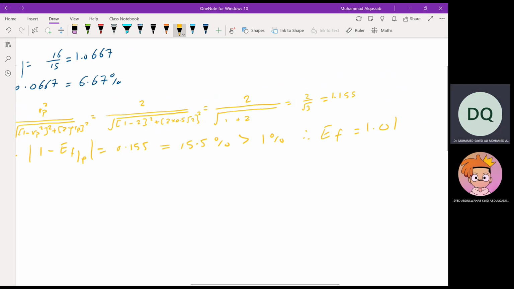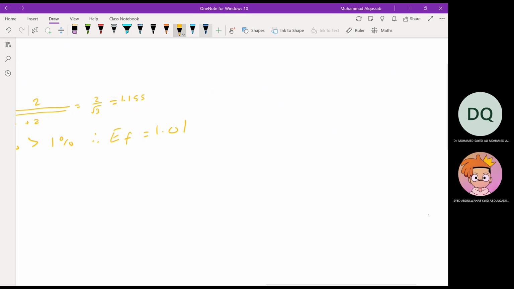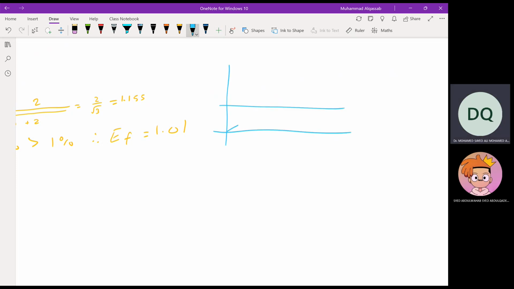Okay, so because of this, we will use the error factor equal to 1.01, because the graph is going to be something like that. Okay, here is the R peak, and this value is 1.155.